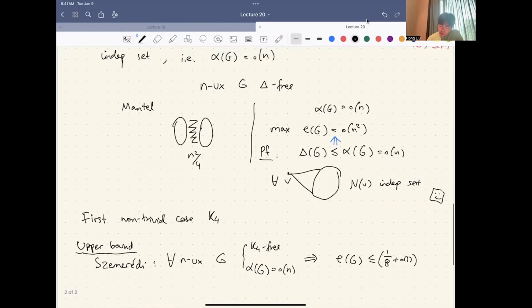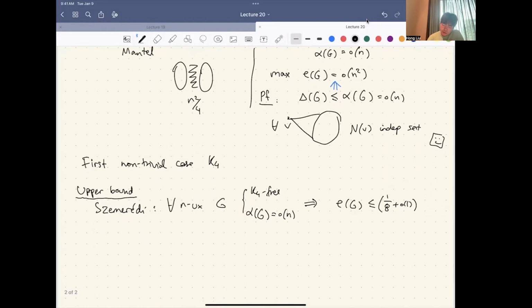Let me write in terms of density. At most n squared over 8. We proved this last semester, so I'll skip the proof. For a while, it was not clear whether there exists a dense, meaning positive edge density, K4-free graph with sublinear independence number.